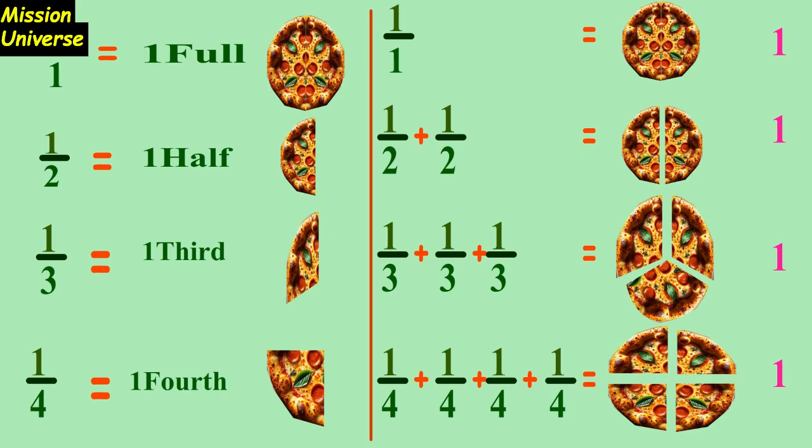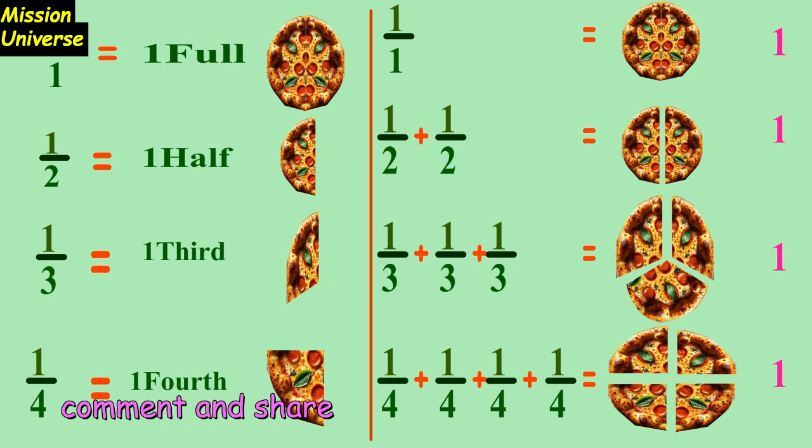In another section, 1/1 refers to 1 full pizza, 1/2 plus 1/2 refers to 2 half pieces of pizza, and that makes 1 full unit. And 1/3 plus 1/3 plus 1/3 means three 1/3 pieces of pizza are making 1 full unit.